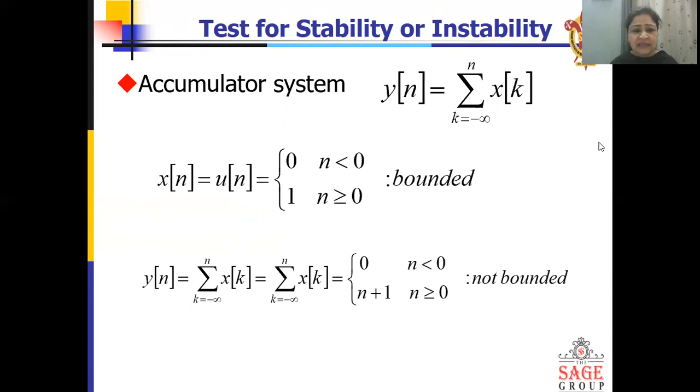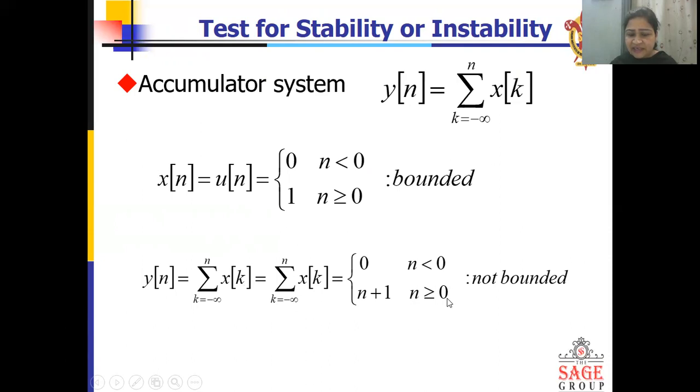Now consider if I say x[n] is equal to u[n], which is unit step input. Now unit step input, we know it is 1 when n is greater than or equal to 0 and it is 0 when n is less than 0. Now if I consider an accumulator system y[n], which is summation k is equal to minus infinity to n of x[k], then if n is less than 0, the value will be 0.